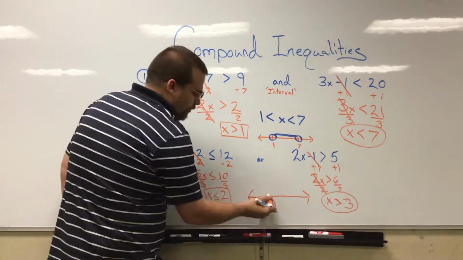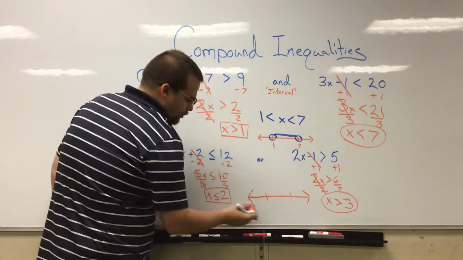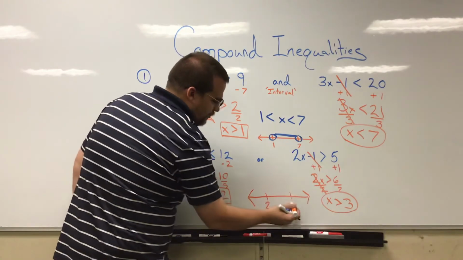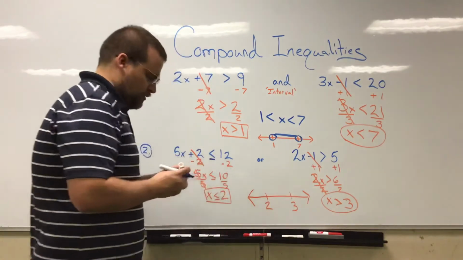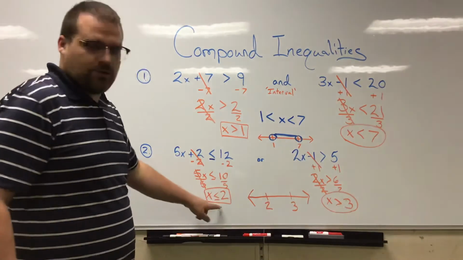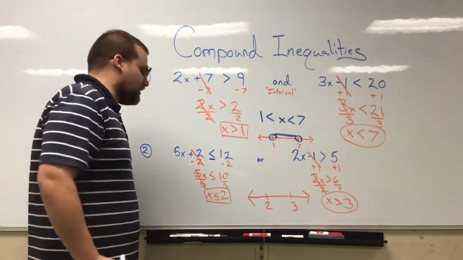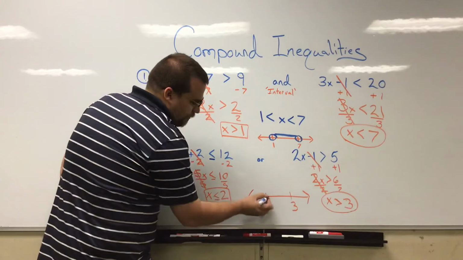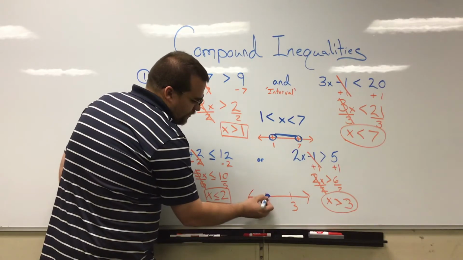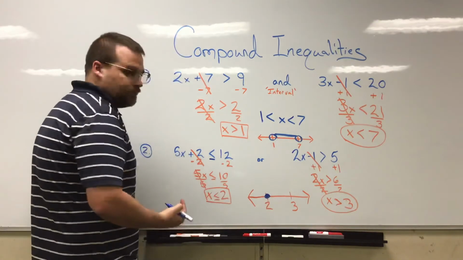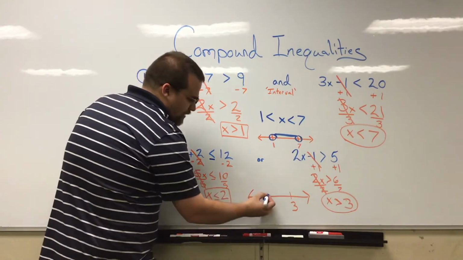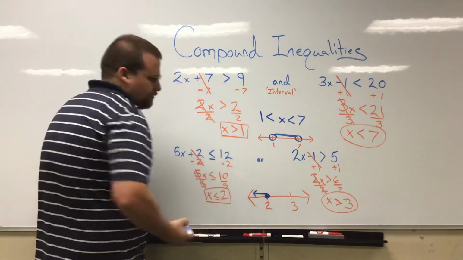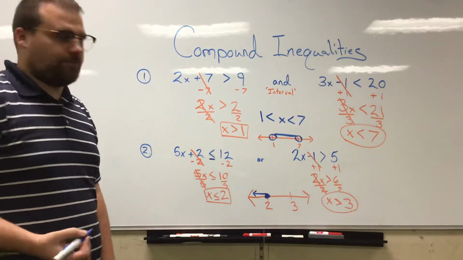I'm still going to put marks at my two numbers, so 2 and at 3. But I'm going to graph this one first. X is less than or equal to 2. So I'm going to put a circle at 2 and fill it in because or equal to. And then since x is less than, that arrow is going to go to the left.